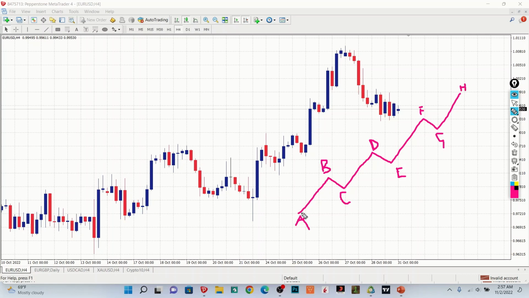So every time the market goes to B, swings to C, to D, then to E, to F, to G, like that. So we want to pick these retracements as Fibonacci retracements.